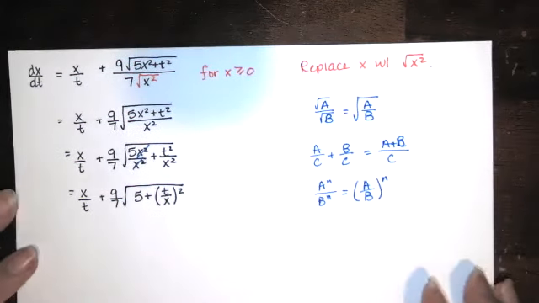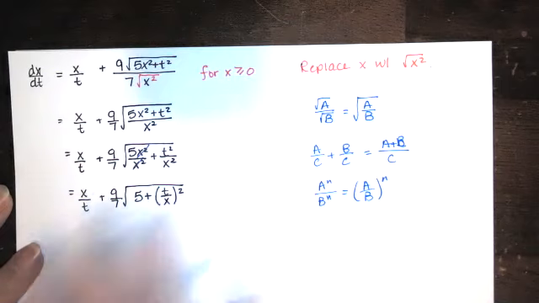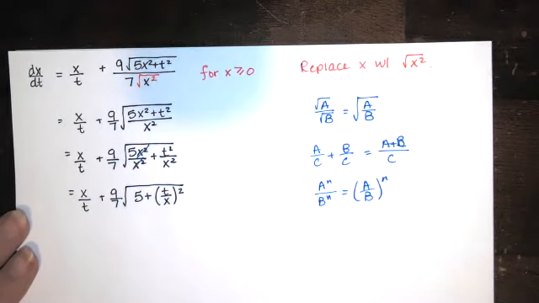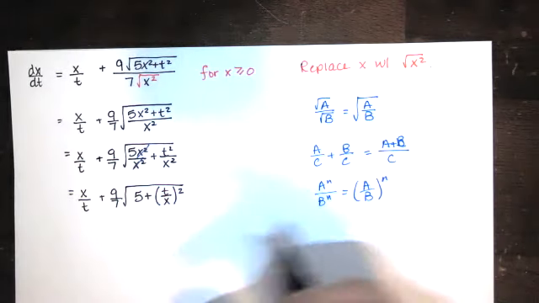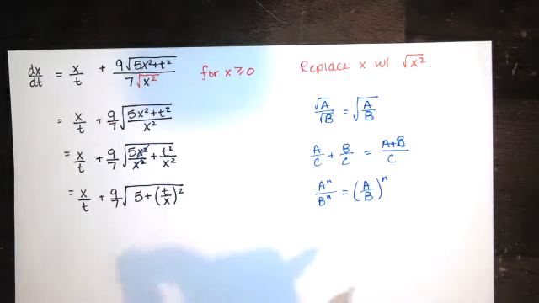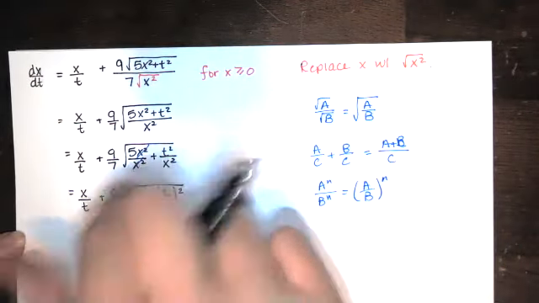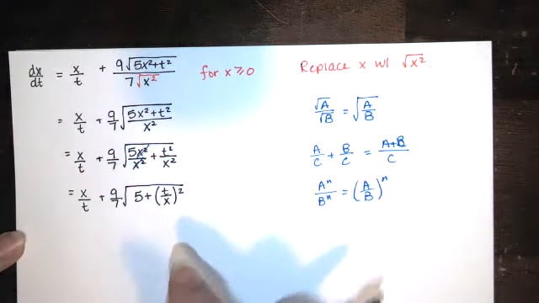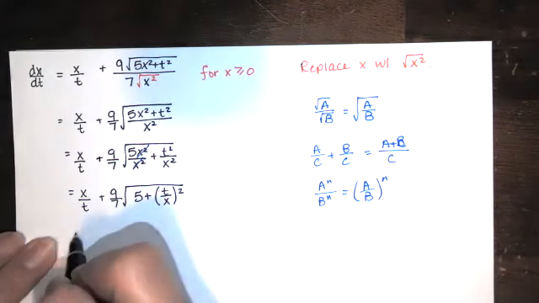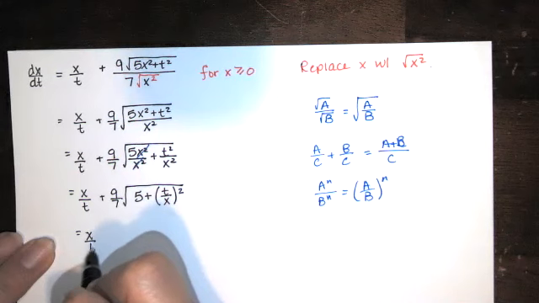Now remember, we wanted this to be a function of x over t, not t over x. But t over x is just x over t to the -1 power, because if I take this fraction and raise it to the -1, I just end up flipping it. So this is the same as this.